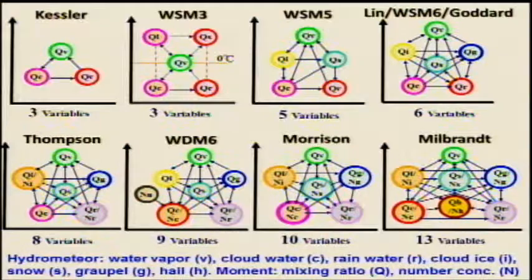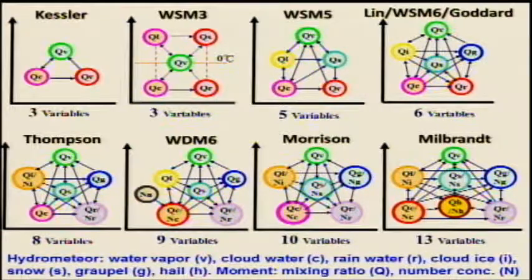However, in the Thompson scheme, they only include number in the cloud ice and rain. And in WDM6, there are more numbers, in the cloud drops and rain. And in the Morrison scheme, I think most of them have numbers here. So this is the most complete two-moment scheme, except that they didn't consider another important category of hydrometeor, that is the hail. That's very important for severe weather.